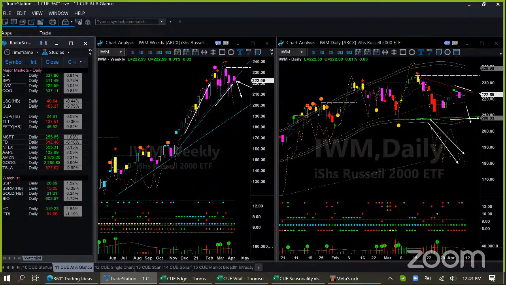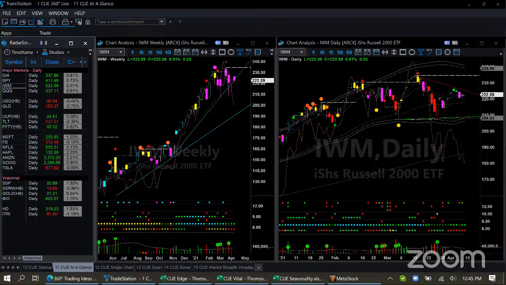At the same time, I will not take a long trade in IWM unless it can break out of the trendline resistance in daily. The global markets are moving more sideways. However, the USA market is much stronger than that. That is what we can gather from the USA market ETFs.